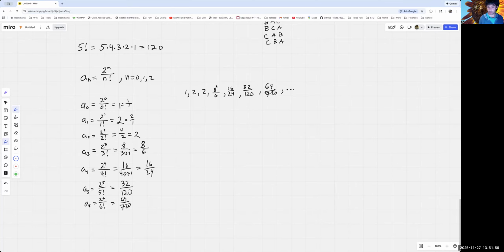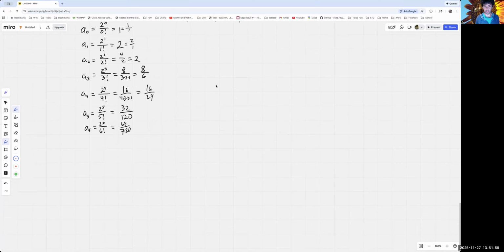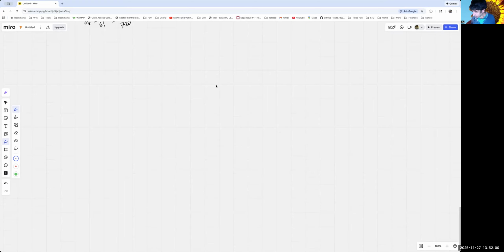One last thing I want to do with factorials is just an example of a computation that we'll see at times. We'll end up with something like this, right? And when you're new to these, this looks maybe just confusing or mysterious.